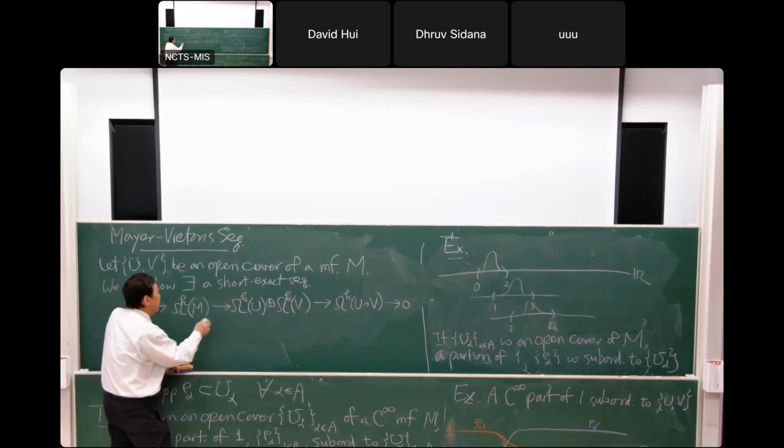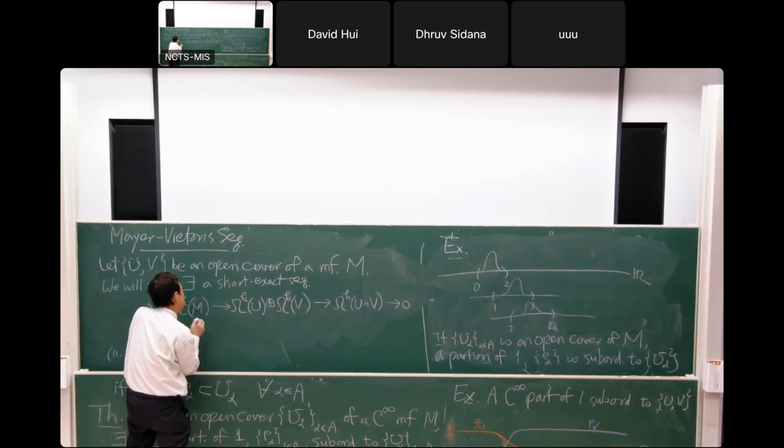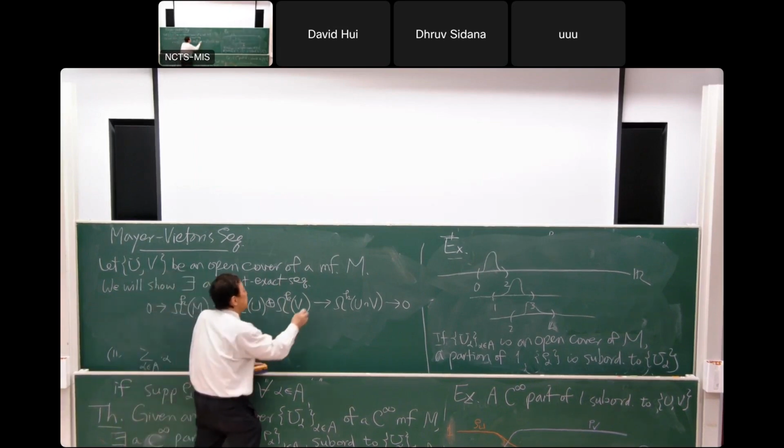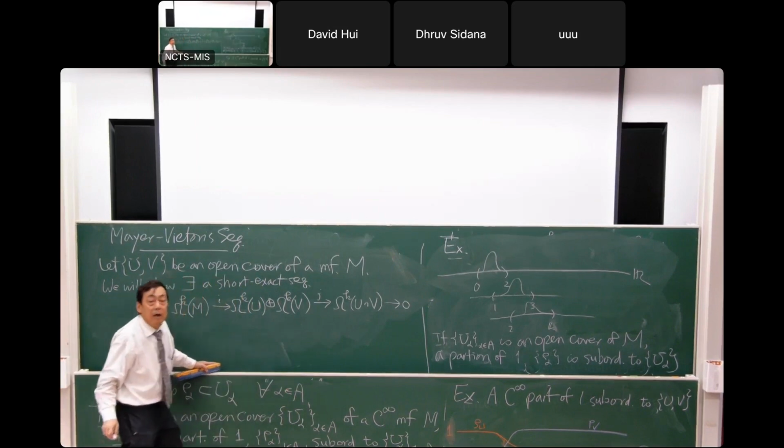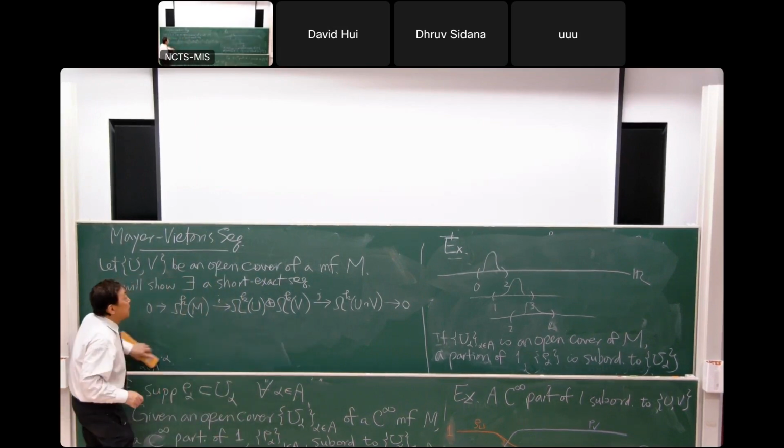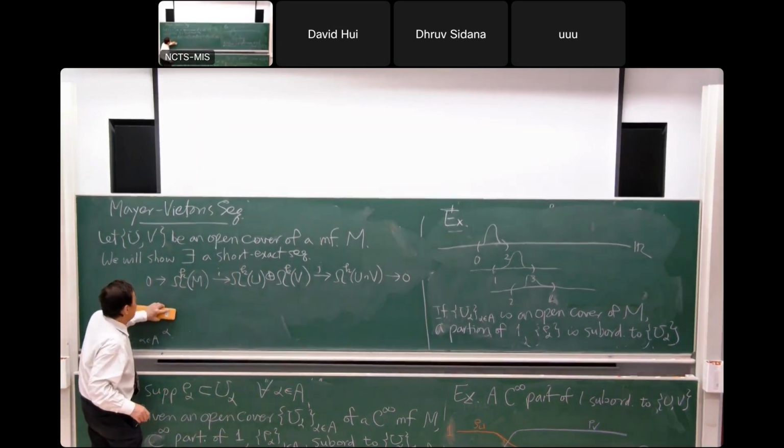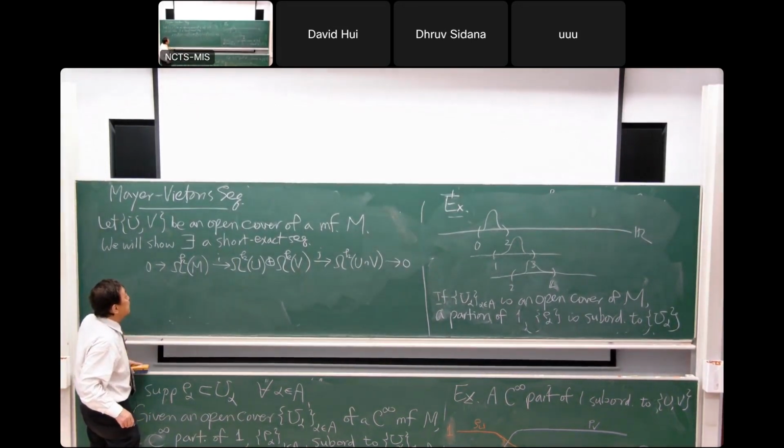Okay, so let's call this map I and this J. And I is just a restriction.